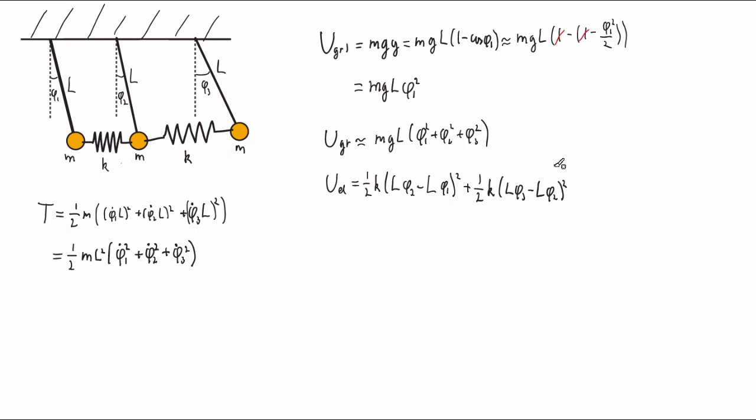Okay, we can simplify that a little bit by, first of all, taking out all the L's. Every term here is actually proportional to L squared. And then we can actually take the squares here, so we get the explicit form 1/2 kL squared.